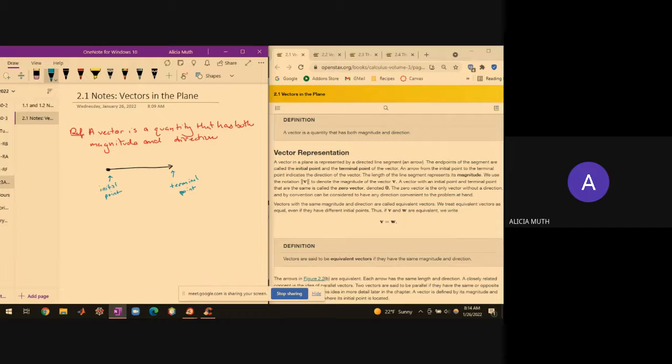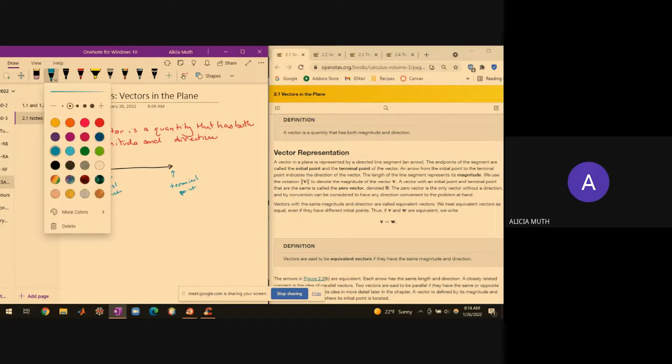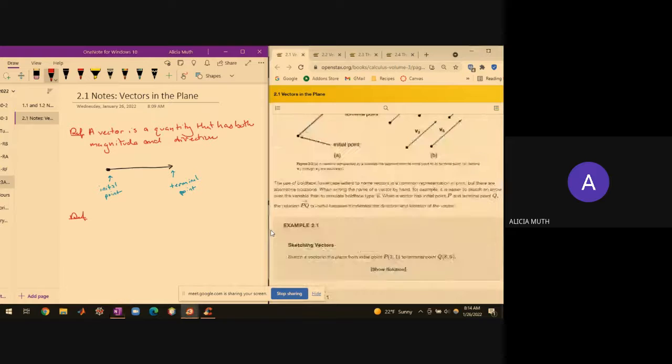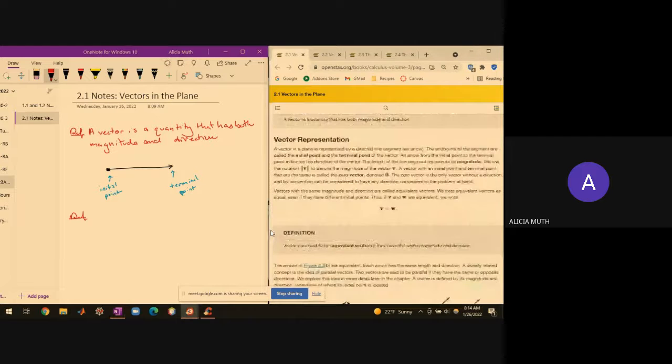So we're going to use the notation. Let me go ahead and write that out. These are more definitions, right? The endpoints of the line segment, or the arrow, right? It's not a segment, it's an arrow.